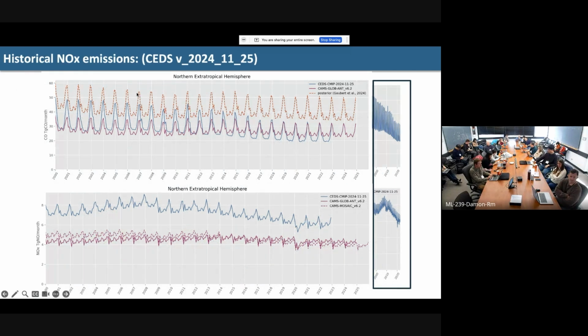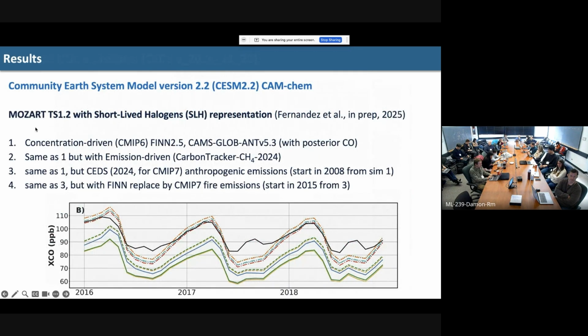So I've been using the posterior CO emissions, and I will do simulations with this emission inventory and simulations with the new CEDS emission inventories in blue. So I'm using the SLH representation that is being developed and will be submitted soon in that description paper by Rafa Fernandez et al.